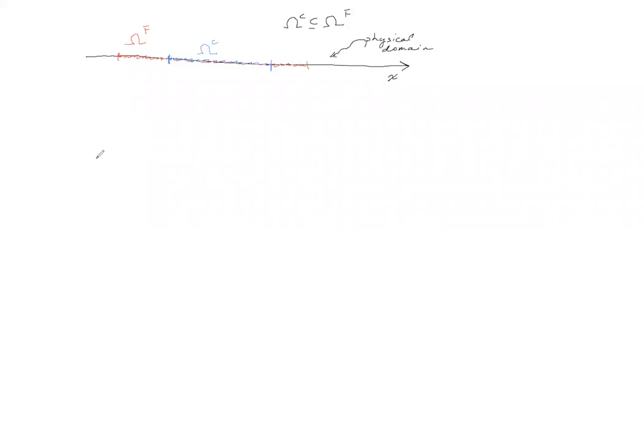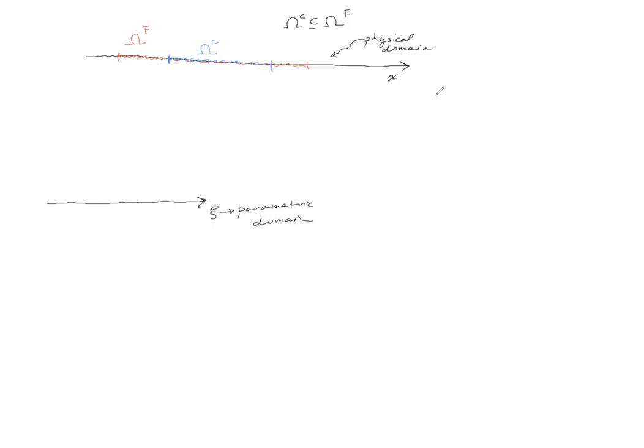And we're going to discretize or create a set of basis functions in the parametric domain, which is related to the physical domain through a mapping. So let's go ahead and create another coordinate axis. Let's just call this xc. That's a coordinate in our parametric domain, and xc is our parameter.